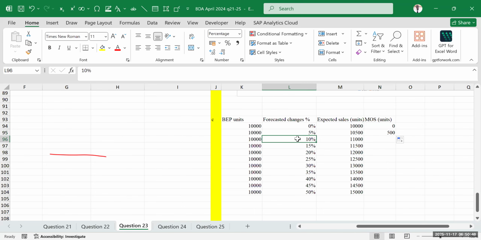Now, what if we move a notch higher? If we are safe by 500 units at 5% change, what is now the margin of safety when we produce more units by another 5%, that is 10% above the break-even? Then now we are even safe by 1,000 units.